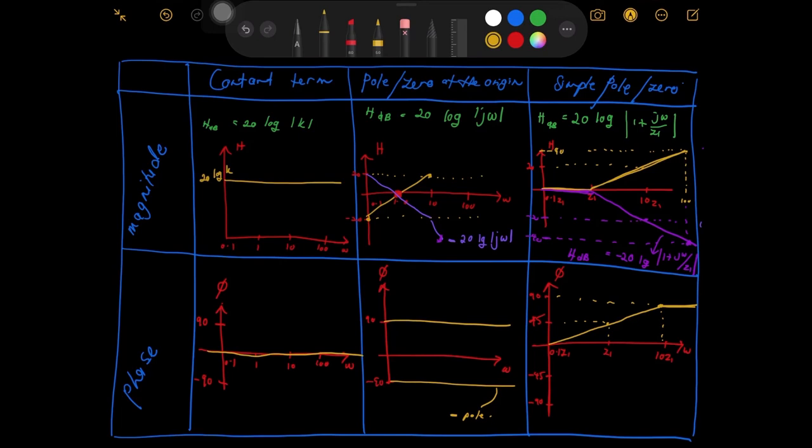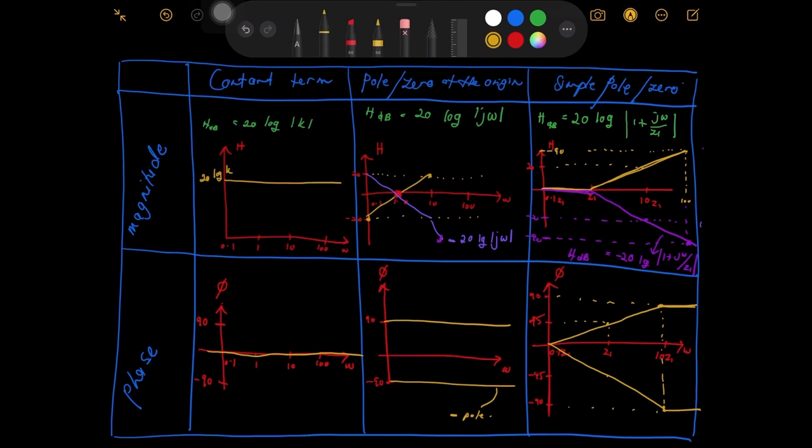It's just that for magnitude, we start plotting at Z1, and on the Z1 value, we go up, right? However, for phase, we start at 0.1 of Z1. From there, we go up 45 degrees, continuing to 90 degrees at the next factor of 10 of Z1. And then after that, it will be a straight line. Remember, for phase, it will be a straight line, not continuous.